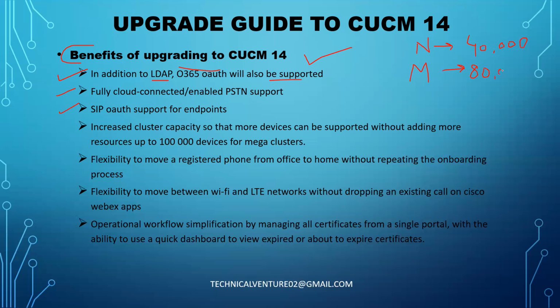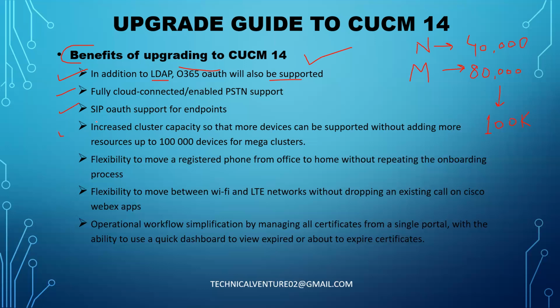So now with this 14 version, this 80,000 is increased to 100K. That means 1 lakh devices for mega clusters. Previously it was 80,000 for mega, now it is changed to 100K, that is 1 lakh devices.